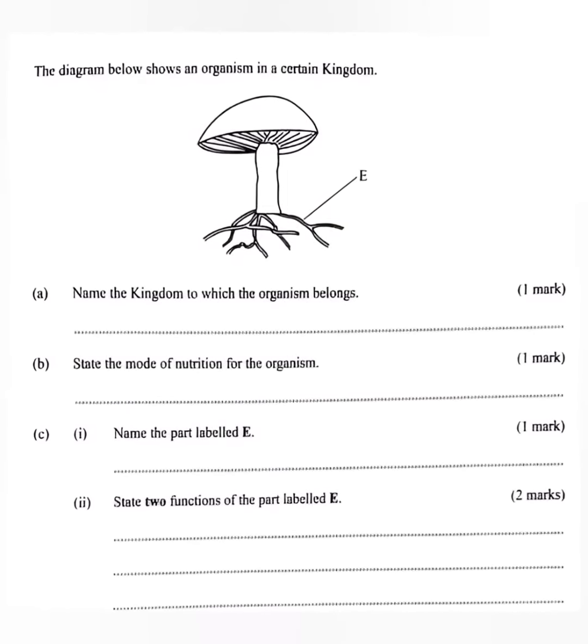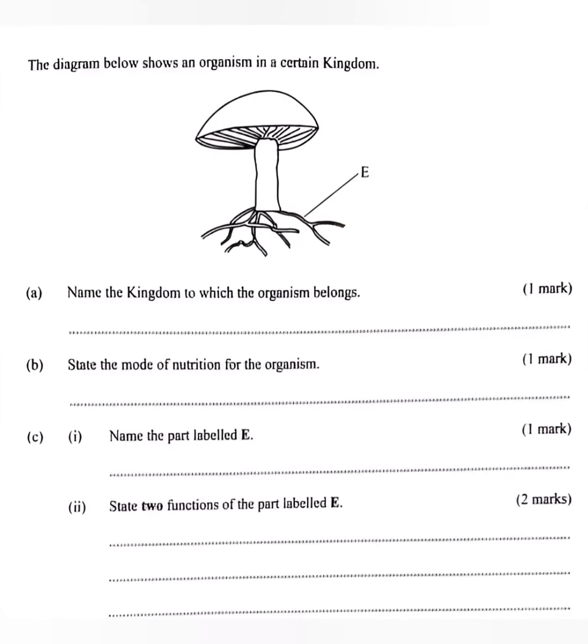The first question, question A, is saying, name the kingdom to which the organism belongs. This organism belongs to the kingdom fungi. Then as for B, it is saying, state the mode of nutrition for the organism.